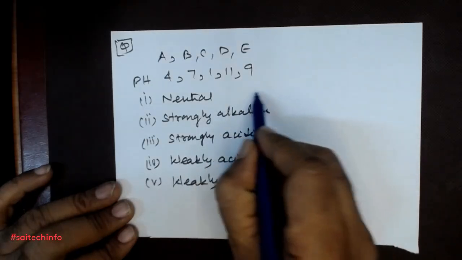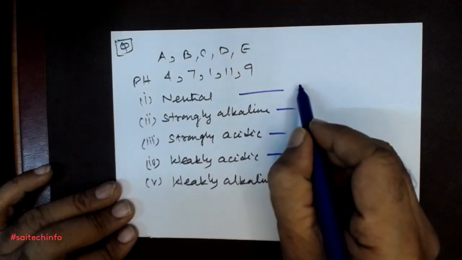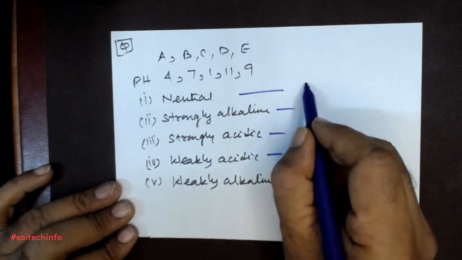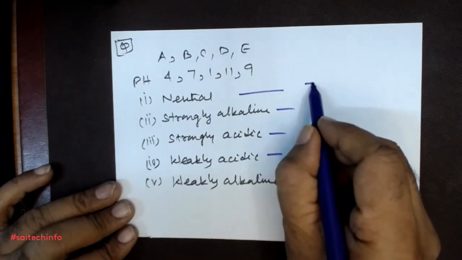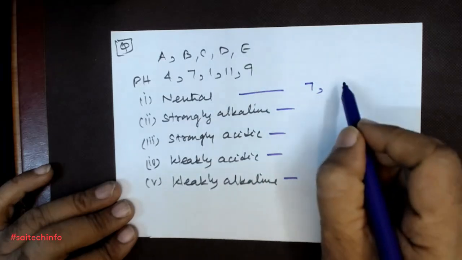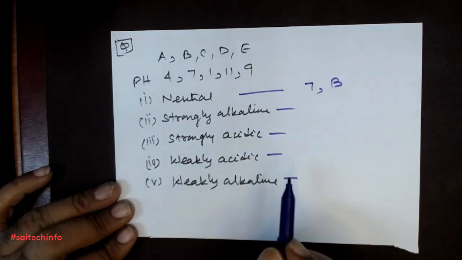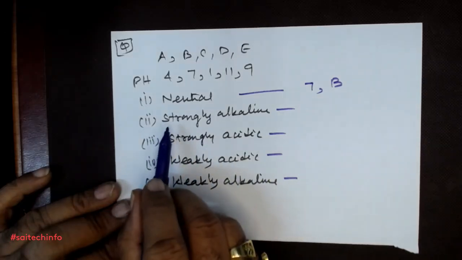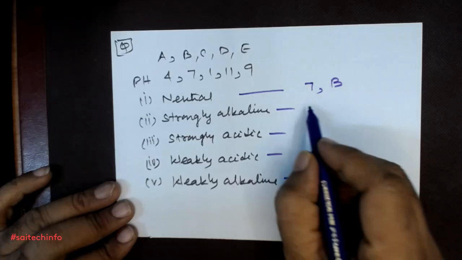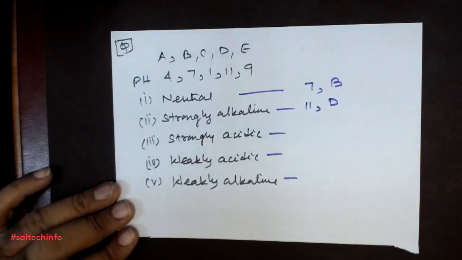So which is neutral? pH 7 is neutral, so B is neutral. Strongly alkaline: the highest pH is 11, that is D, highly alkaline.